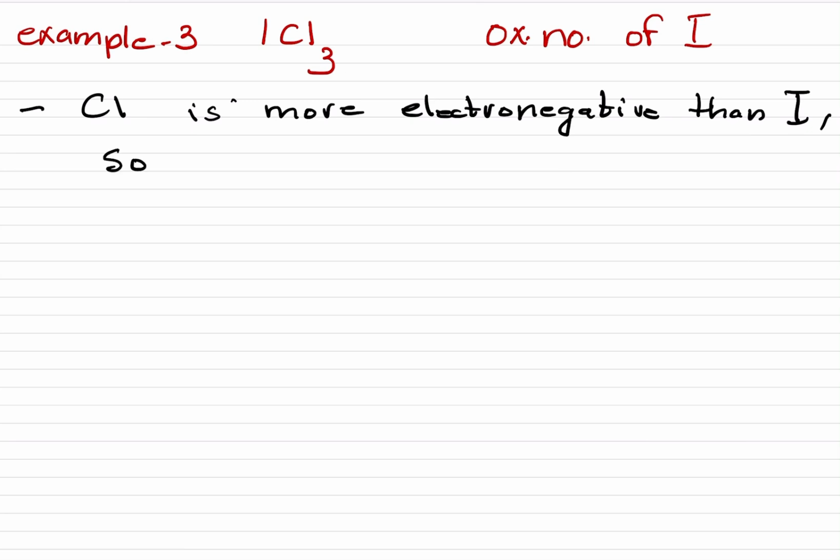So chlorine is negative and iodine is positive.